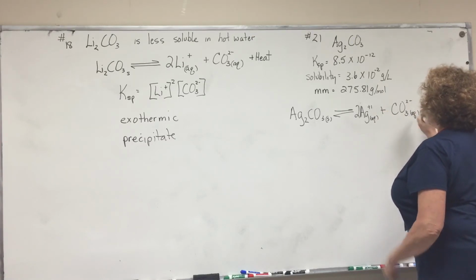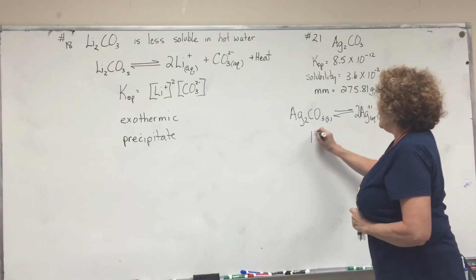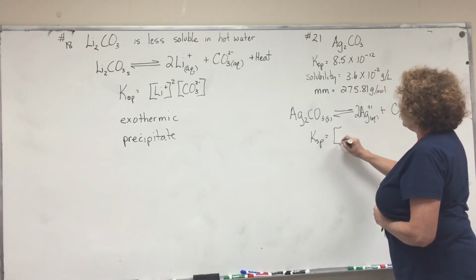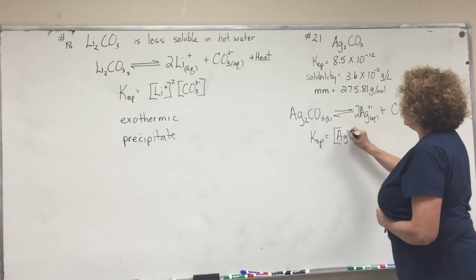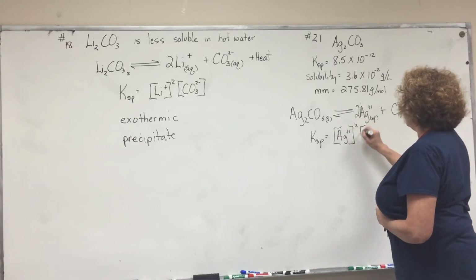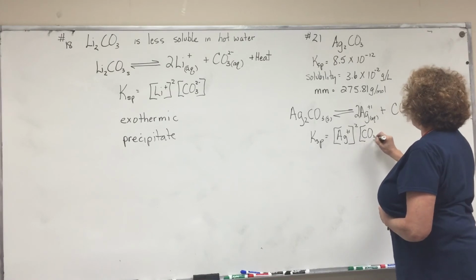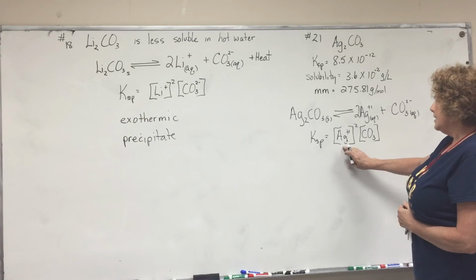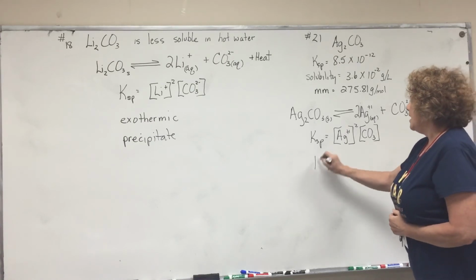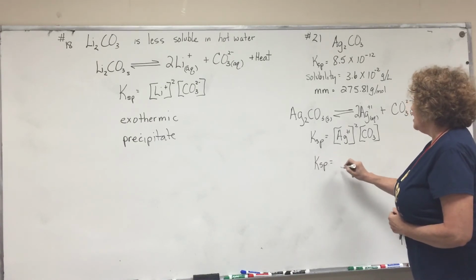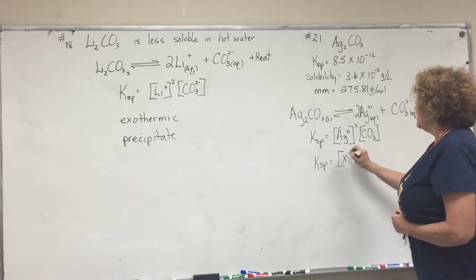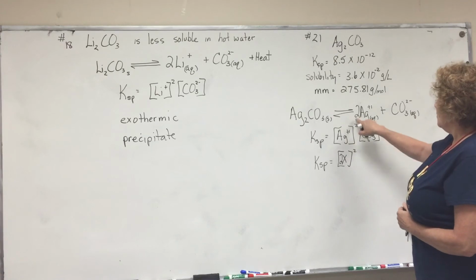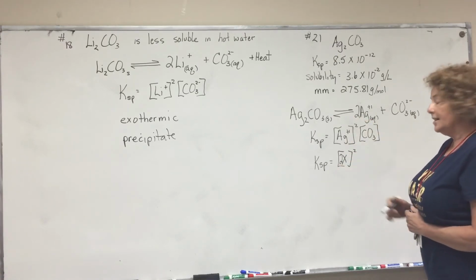Aqueous and gases are the only things that are in the KSP expression. So the KSP expression will be silver squared times CO3, like that. Now, when we plug things in, we are going to say KSP equals X squared, and there's 2 of these, so you have to put a 2x in there.